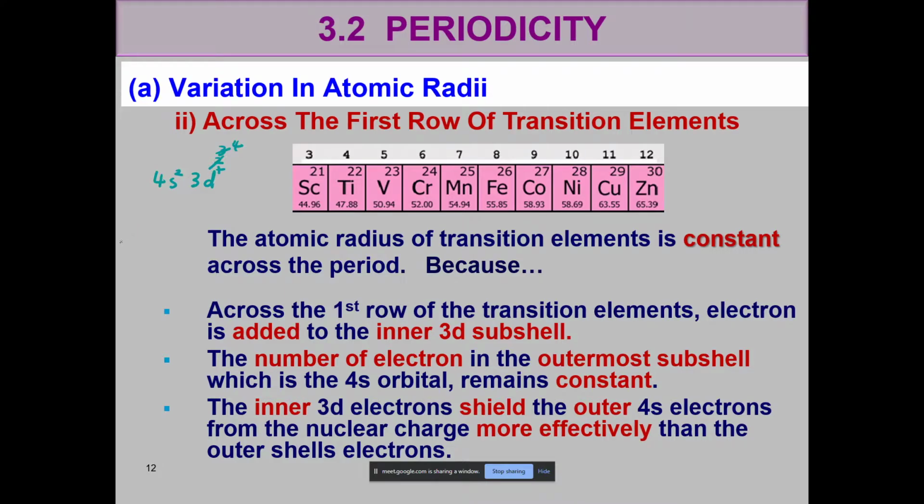Okay, remember saya cakap hari tu untuk d blocks, this is the valence electron. Okay, but when we are looking at the atomic radii, dia punya this d orbital is considered as inner electrons.